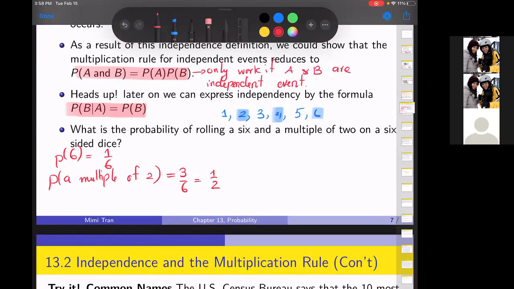Assume nothing happened: the first roll and the second roll are independent. I don't think my hand has memory, that I rolled a 6 and want to roll a 6 again. No, there's no memory. So it's independent, and because the two events are independent, you can use the rule.